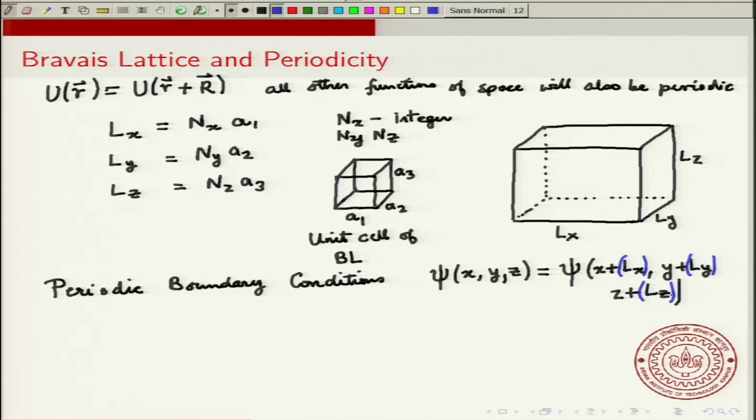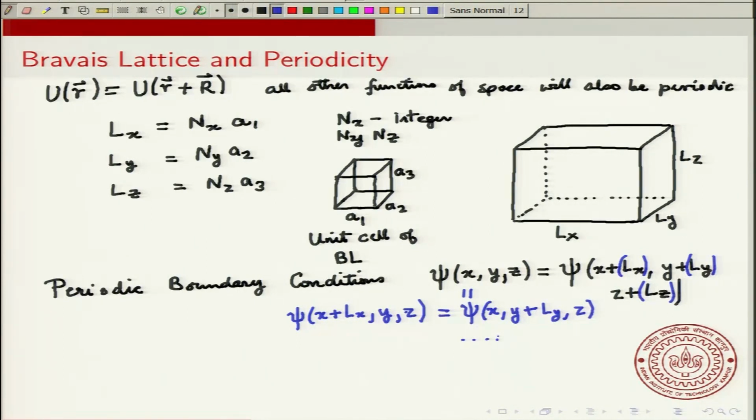So in other words, psi of x, y, z is the same as psi of x plus Lx, y, z, and this is the same as psi of x, y plus Ly, z, and so on, and you can make two of them different.